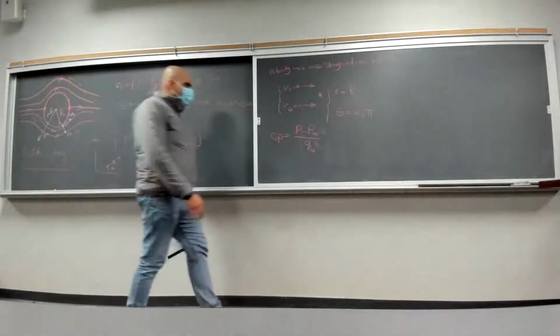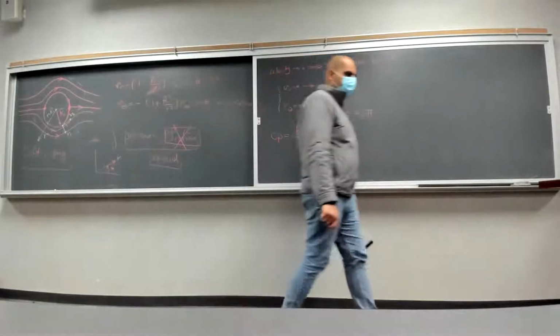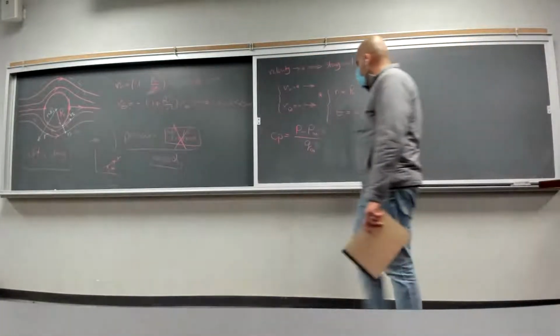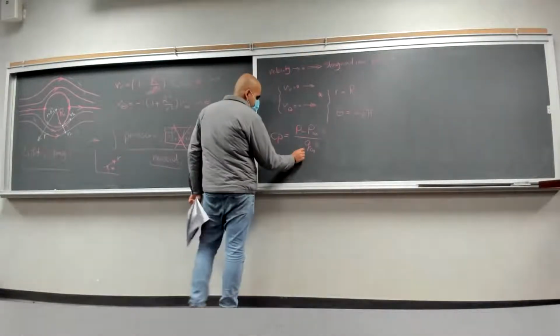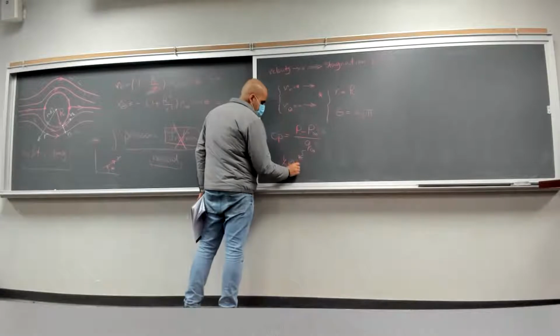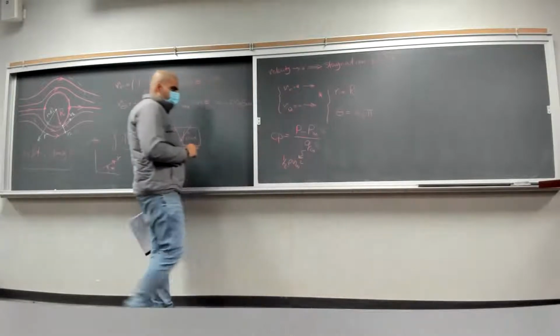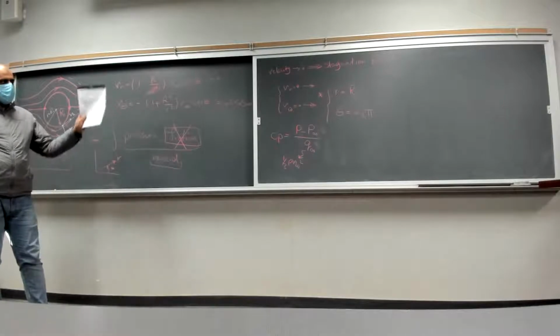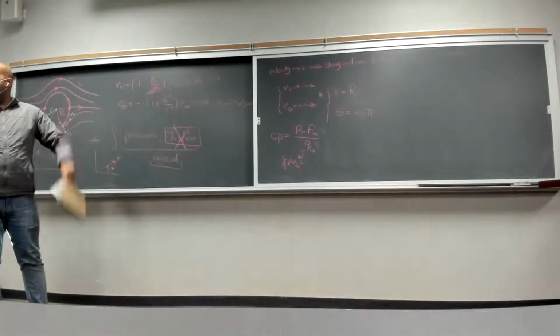So how is this related to velocity? We already know that this part is 1/2 rho V squared. Okay. But what can we say about the numerator?